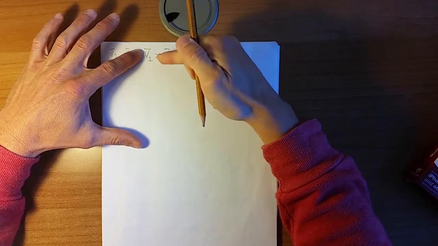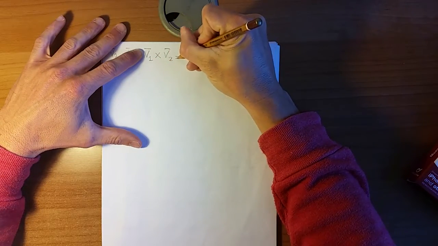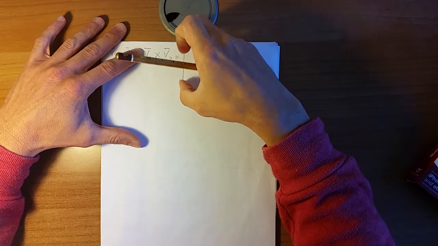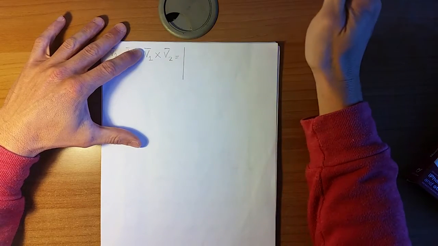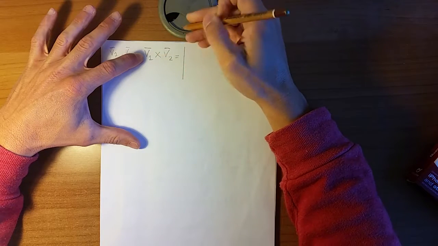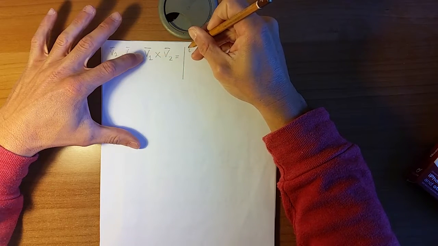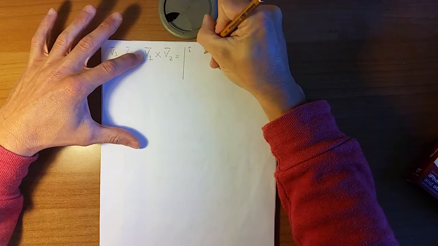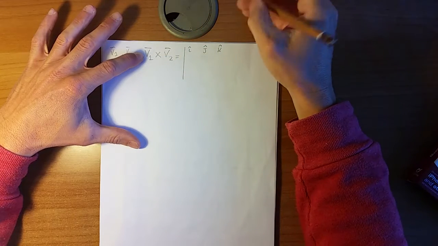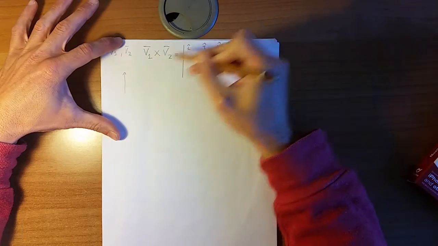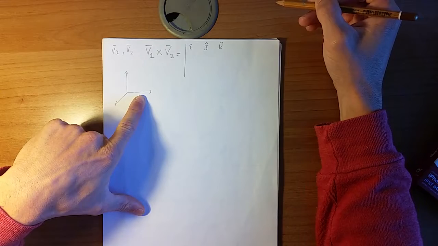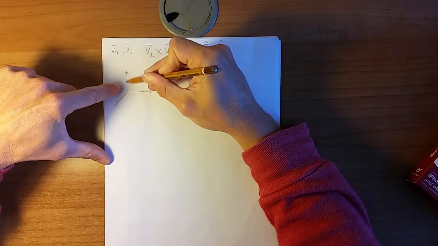And how do we compute this product? Well, there is a rule, which consists in calculating the determinant of a matrix. v1 cross v2 is given by the determinant of a matrix whose first row is given by the unit vectors of our orthogonal axes i, j and k. i is the unit vector along x, j is the unit vector along y, and k is the unit vector along z.